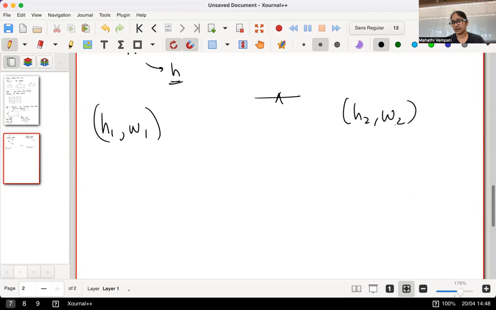The idea is as follows. You take your original rectangle. So we're checking case one, right? This is the horizontal case and this is the vertical case.